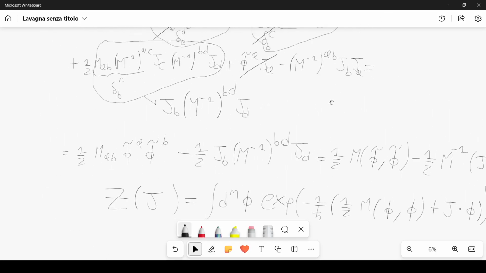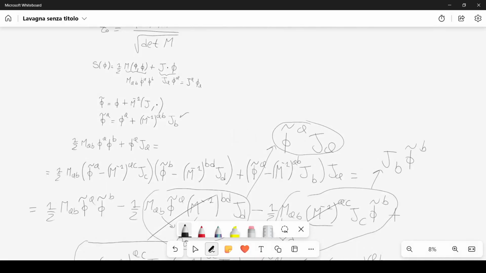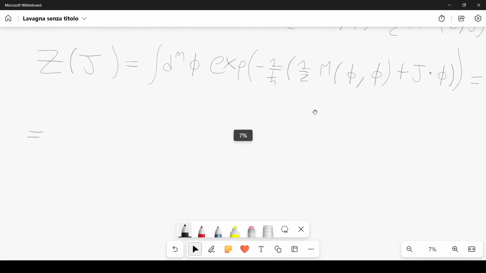notice that when we make the substitution, which is a linear substitution, we will have d^N phi equal to d^N phi tilde. So the differential will transform in a simple manner.